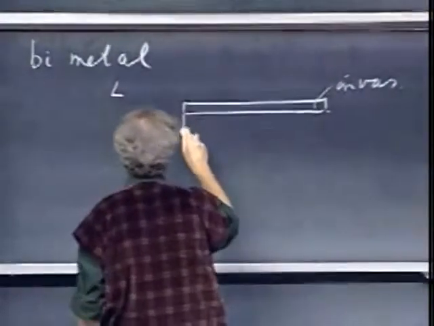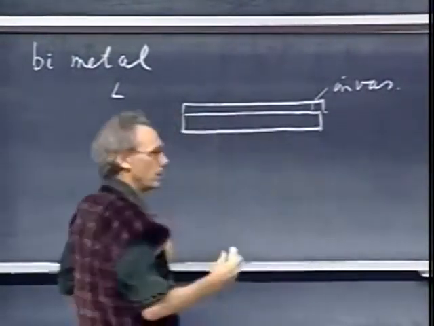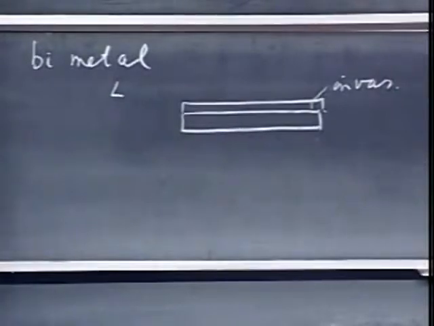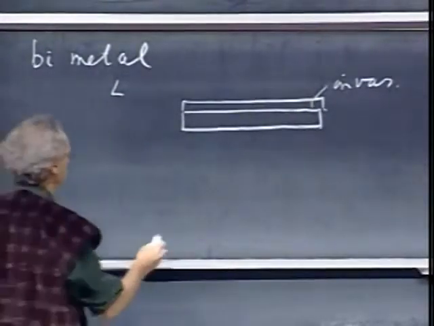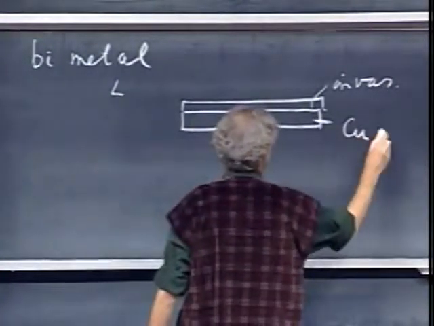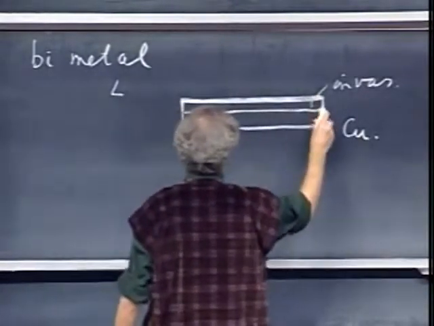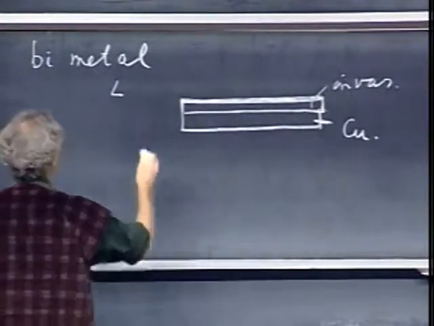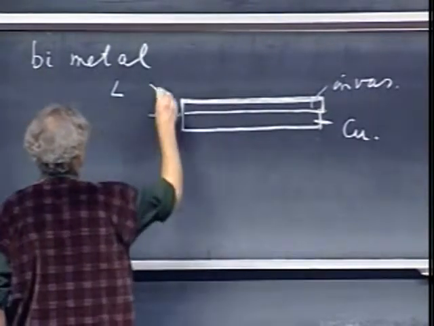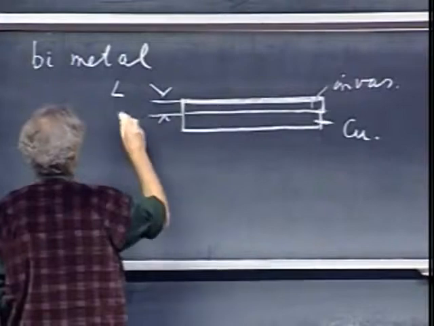And I have another strip here, which is attached to it so that they cannot slip relative to each other, and let this be copper. And suppose I make, just as a working example, the thickness of each one of them 2 millimeters.